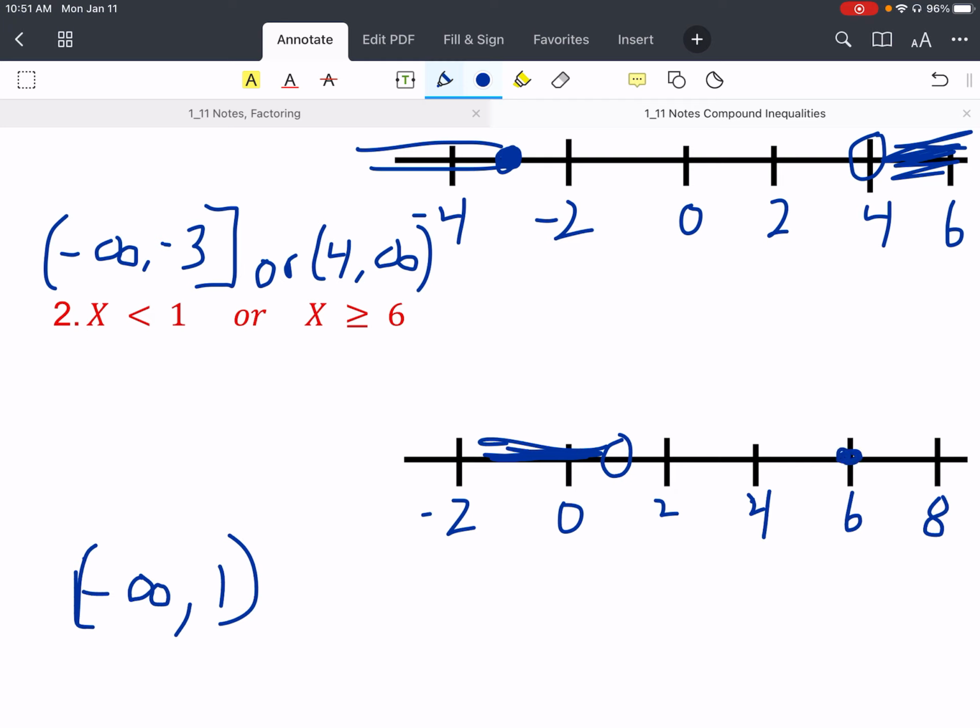And then or x is greater than or equal to 6, filled in circle. So I have a bracket 6 comma infinity parentheses. So the infinities have parentheses. The only time we're doing the bracket is when we have a number with a filled in circle on it.